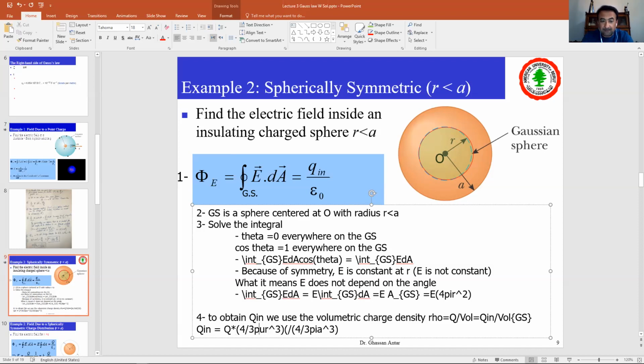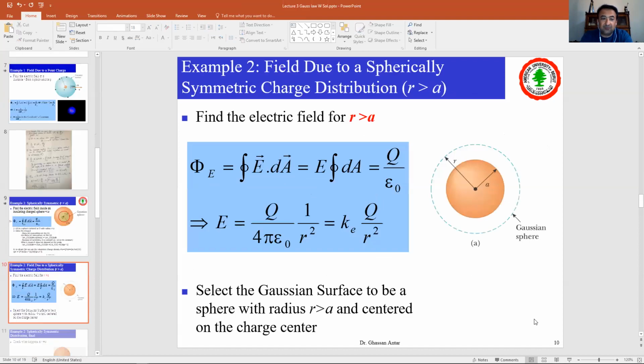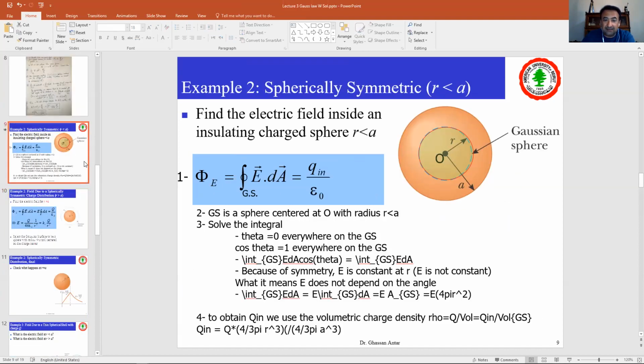That's the volume of my sphere with radius R. Initially, my total charge with radius A has total charge Q. Consequently, the partial charge, which is the charge inside my Gaussian surface, equals the total charge times the volume of the Gaussian surface divided by my total volume.